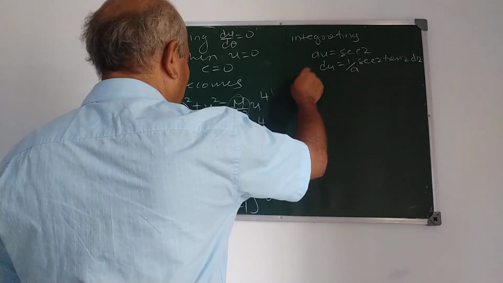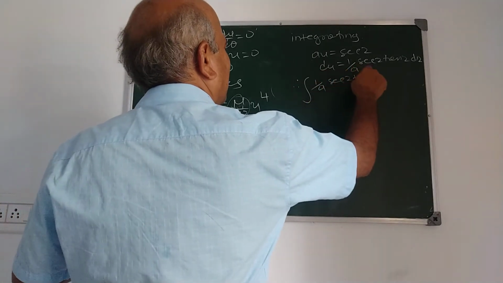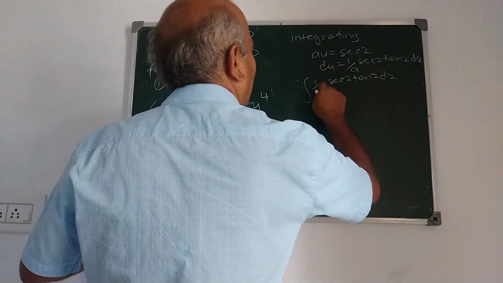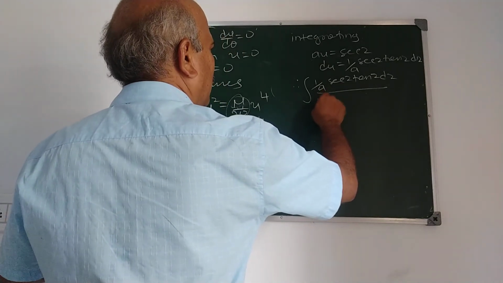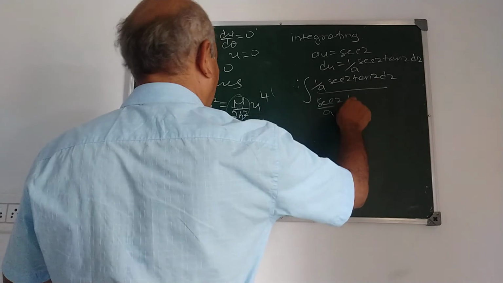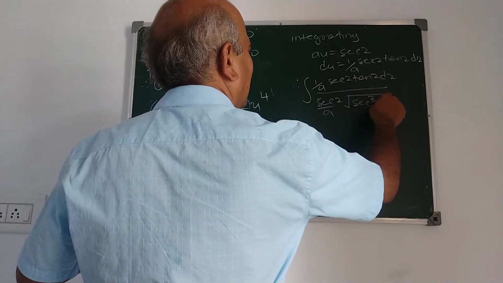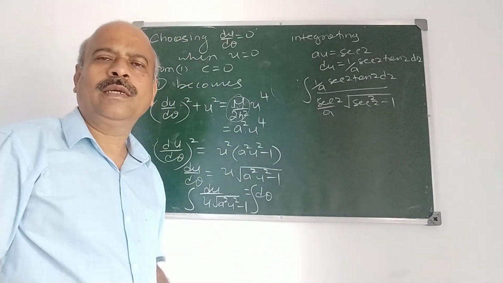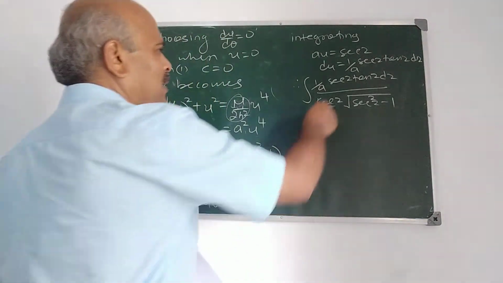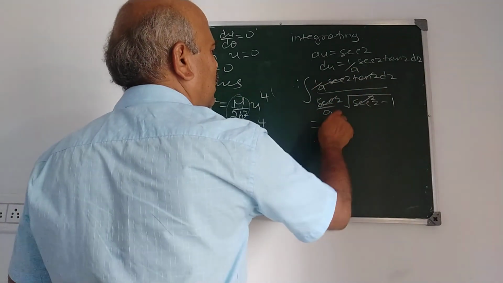And it becomes the integral of 1 upon a sec z tan z dz divided by what is u? Sec z by a, times the square root of a square u square, which is secant square z minus 1. And this cancels, and secant square z minus 1 is tan z.